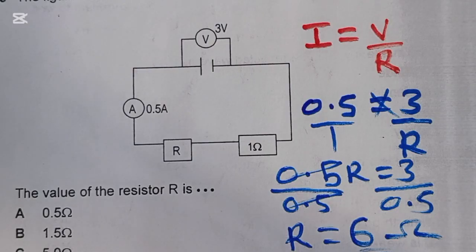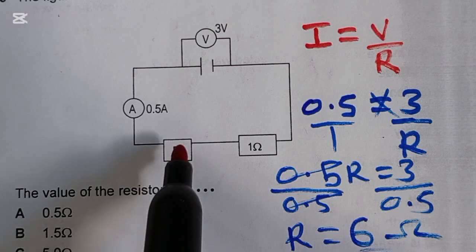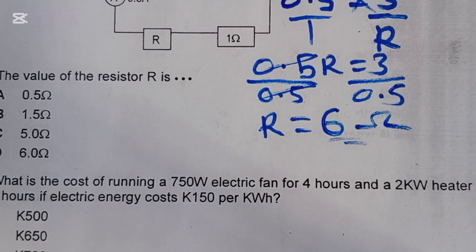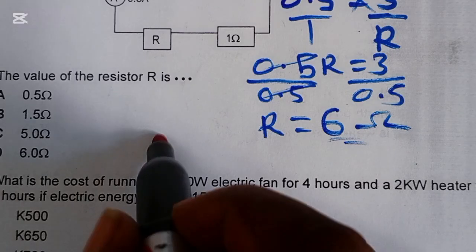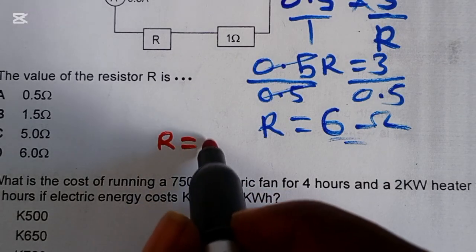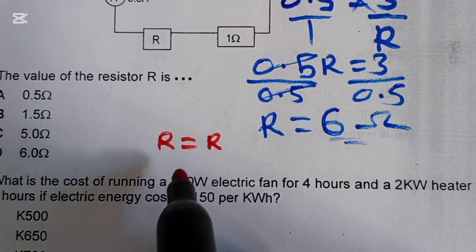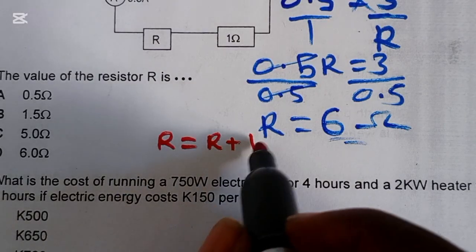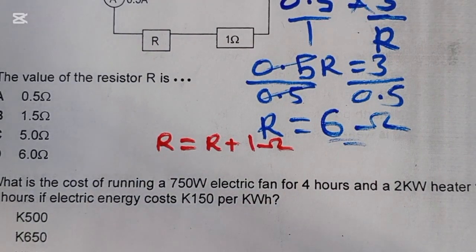And 6 is not our answer. Remember that resistor R and the 1 ohm resistor are in series. So how do you calculate the total resistance in series? Total resistance is equal to resistor R plus the 1 ohm resistor.